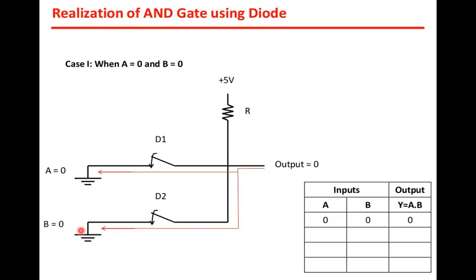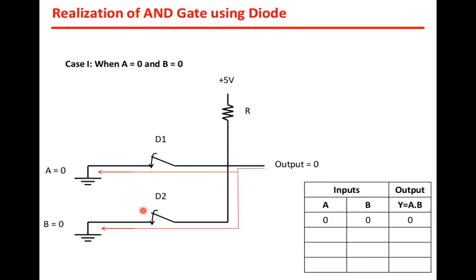Therefore, the positive supply forward biases both the diodes in parallel. Both the diodes are connected to negative, which means diodes D1 and D2 are forward biased. This is called a conducting state.